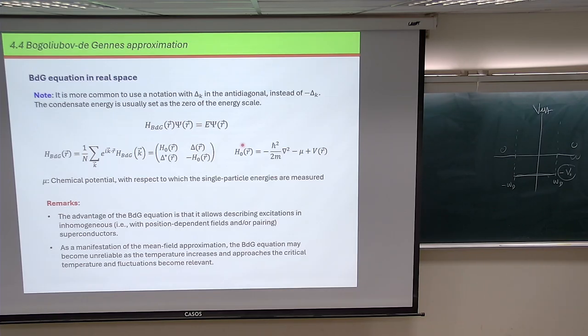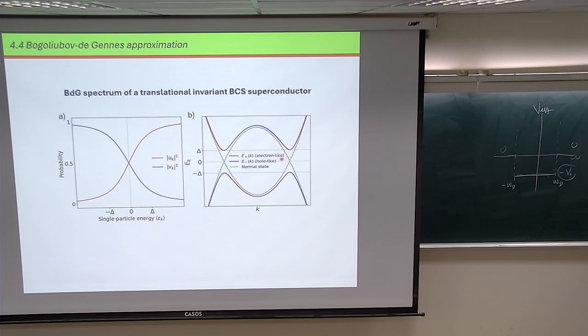Okay, so if you solve this equation for a free electron, let's say Br is 0 and you just have kinetic energy and mu, this is the dispersion you will get here. You have two branches, this branch and this other one.